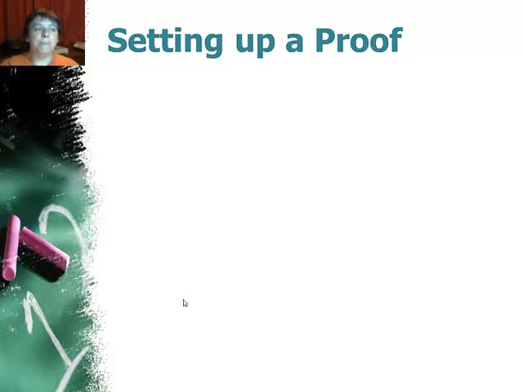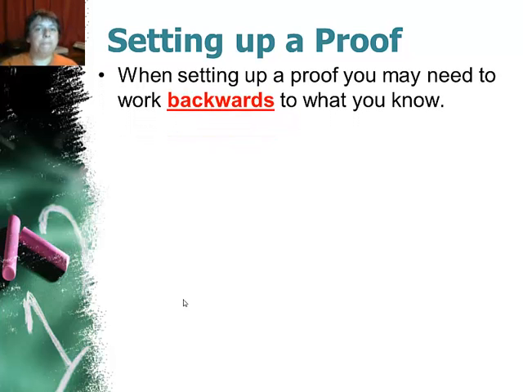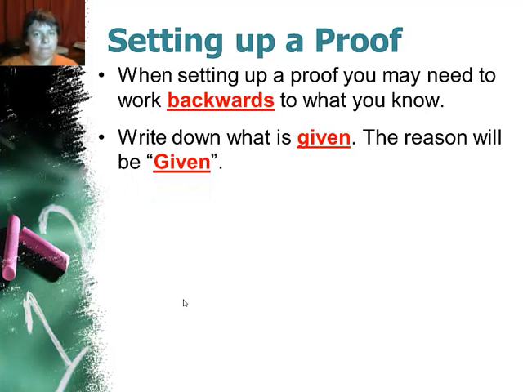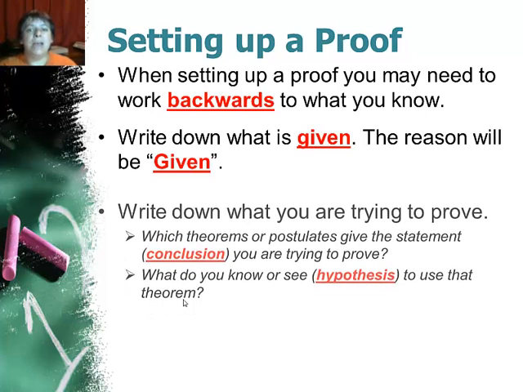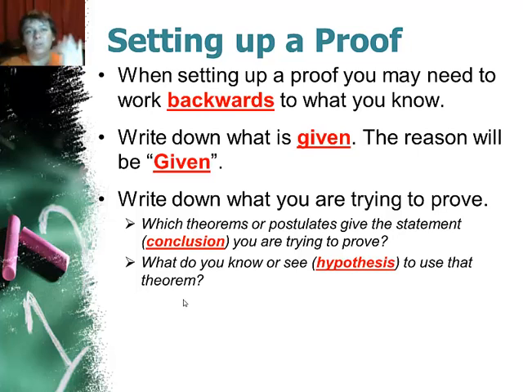So when setting up a proof, you may need to work backwards to what you know. So first of all, go ahead and write down what is given. And in a two-column proof, you'll have your statement, what's given, and the reason will be given. Then write down, maybe down towards the bottom, or just keep it somewhere, what you are trying to prove.